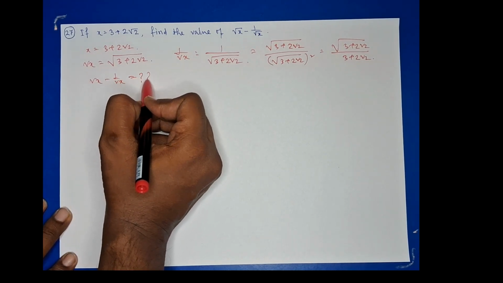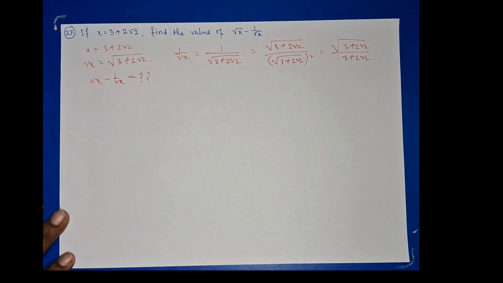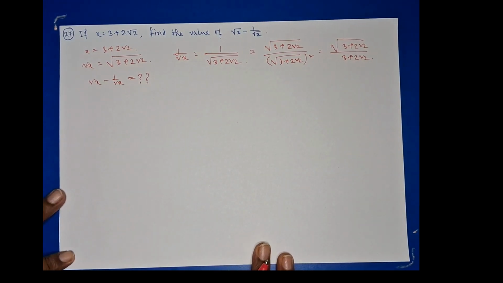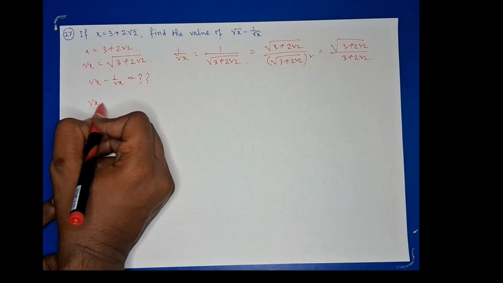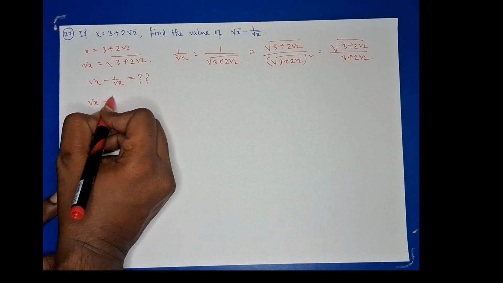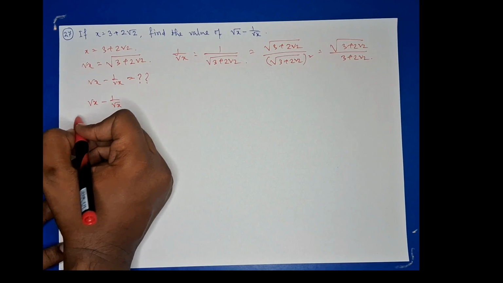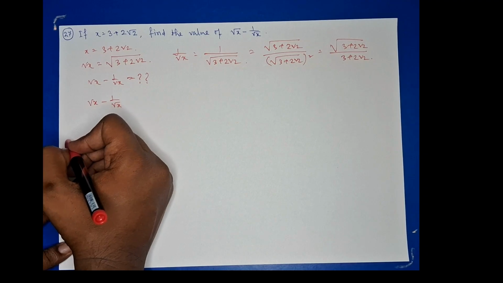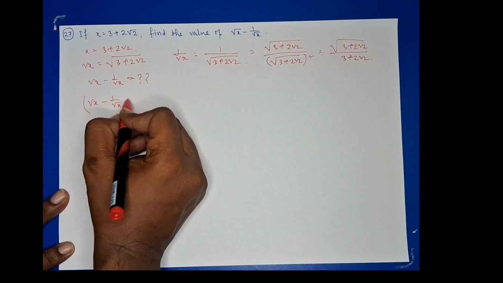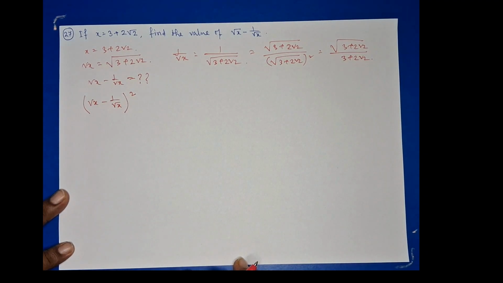So how to get the value of this? Can we try, instead of root x minus 1 by root x, to find the value of root x minus 1 by root x whole square, and let's see what we get.